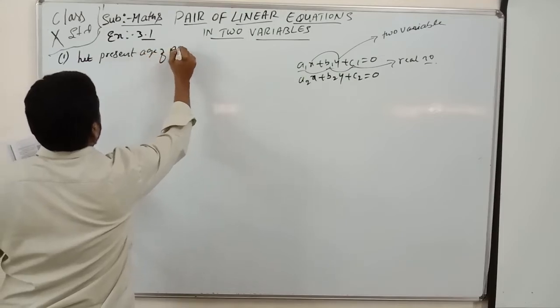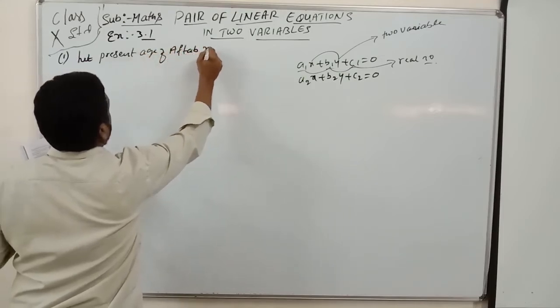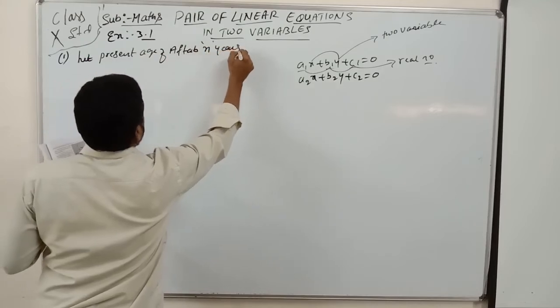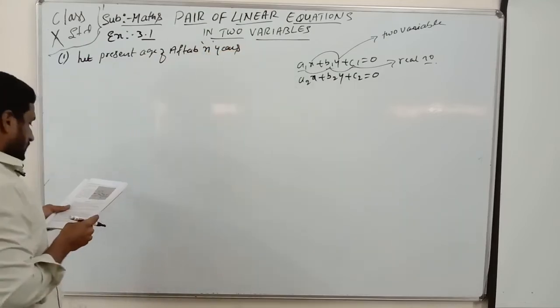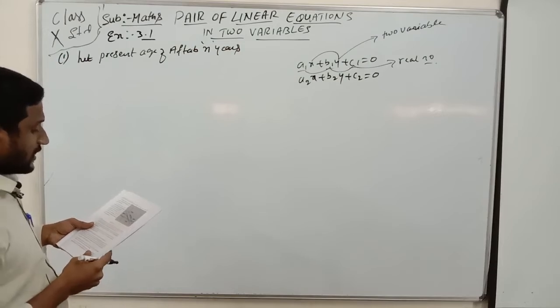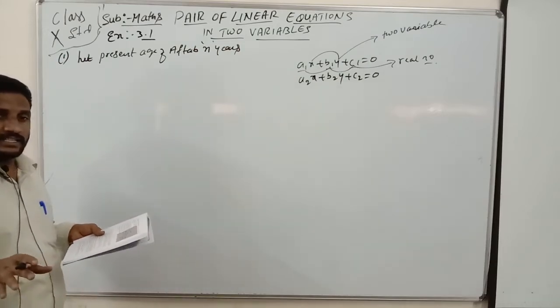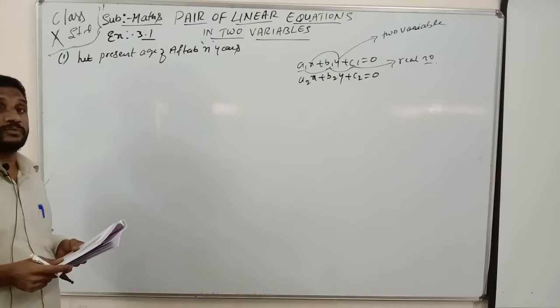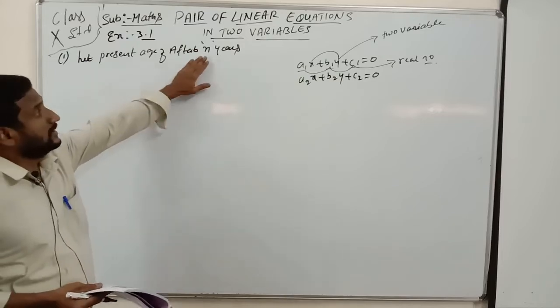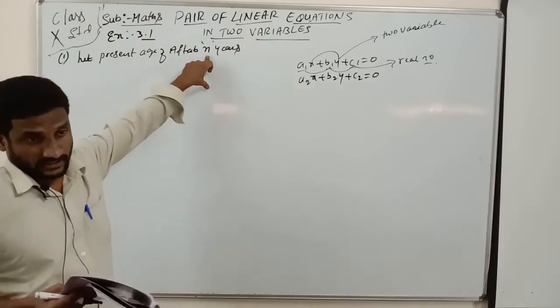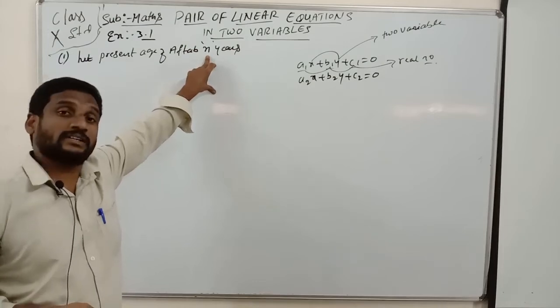Age of Aftab, so x years. Now present age is x years. So 7 years ago, how much will be there? For example, x years present age is 15 years. 15 years present age. 7 years ago, how much?